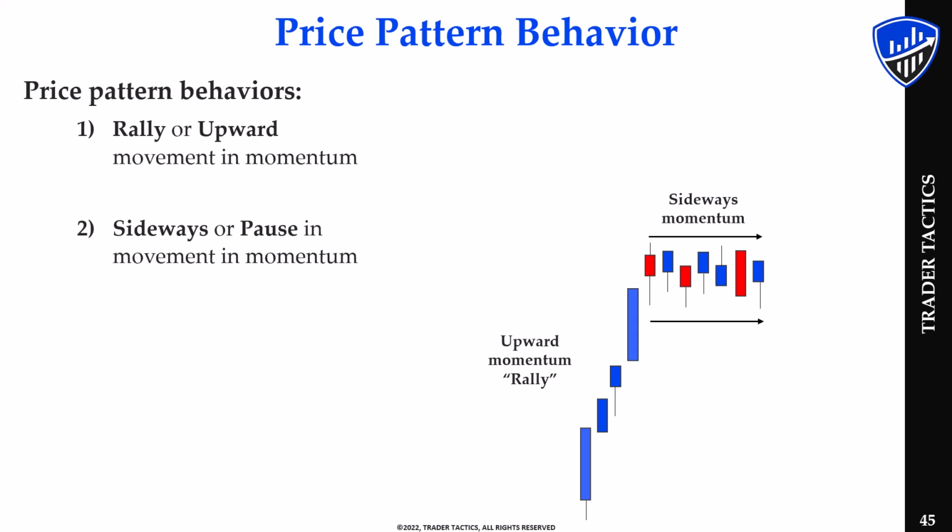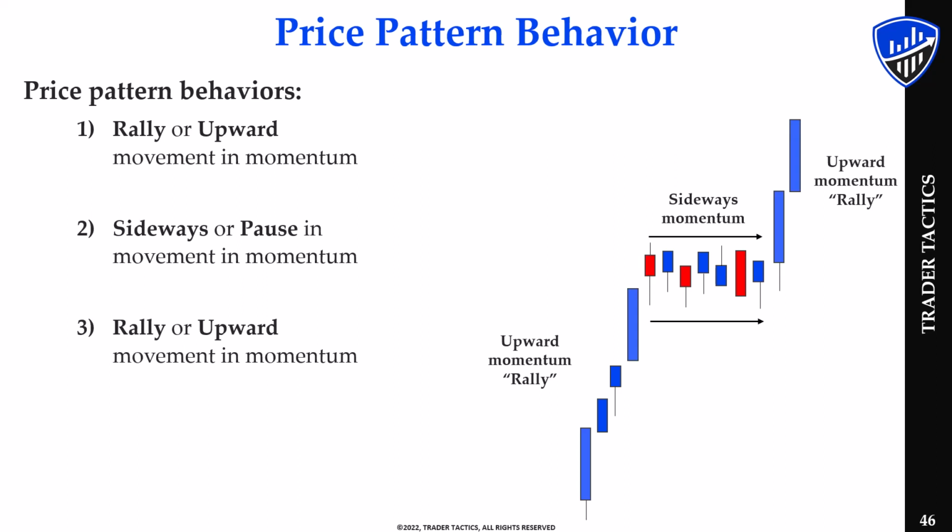This just might be people selling a long position, taking some profit, or just some more passive type of trading activity, until at some point comes along a catalyst, which pushes price up higher or lower, higher in this case. And so now we get the momentum going again. So in this particular pattern, a rally, that's the upward momentum. Then it goes sideways, that's that pause in momentum, that indecisiveness, and then price rallies up higher. So also another common pattern that you'll see out there.